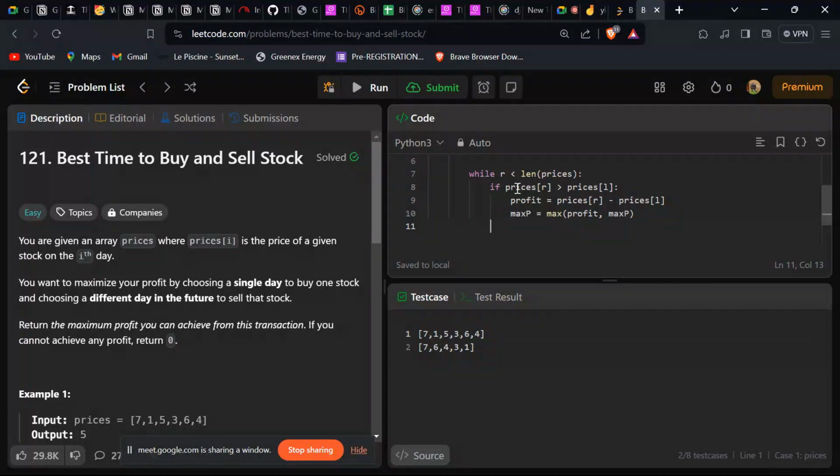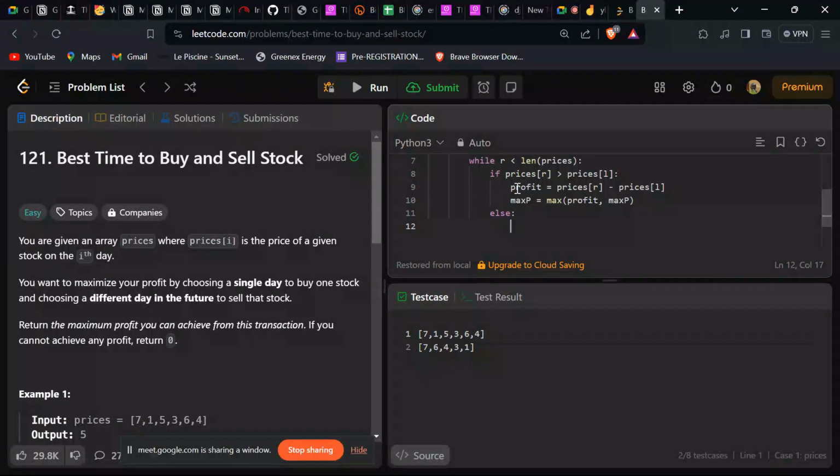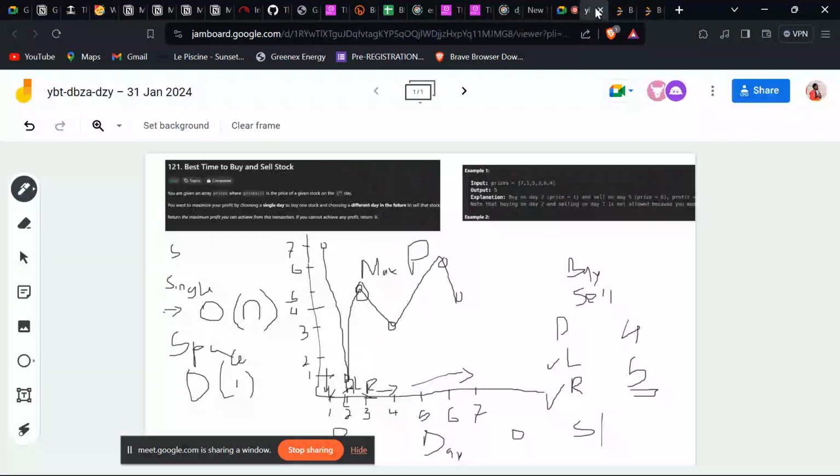So if the first case does not work, in the else statement, what we're going to do is take the left all the way to the right. So L is equal to R, we are pushing it all the way to R. Like I said here, left remains here, but we are incrementing our right.